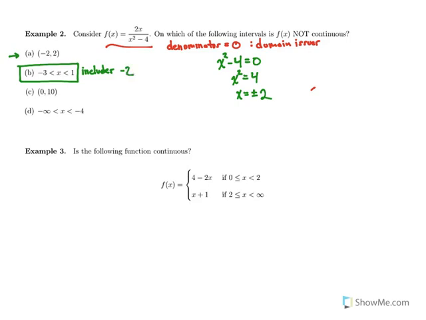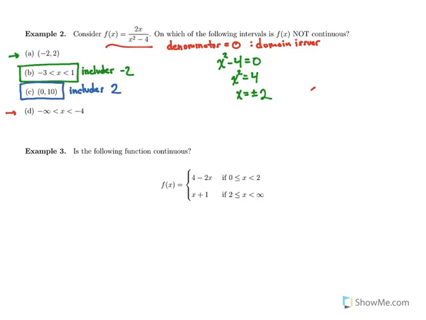So it's not continuous on that interval. 0 to 10 is also going to be an answer because it includes +2. And lastly, the last one is not an answer because it does not include positive or negative 2. So on which of the following intervals is the function not continuous? The middle two, because they include our 2 discontinuities.